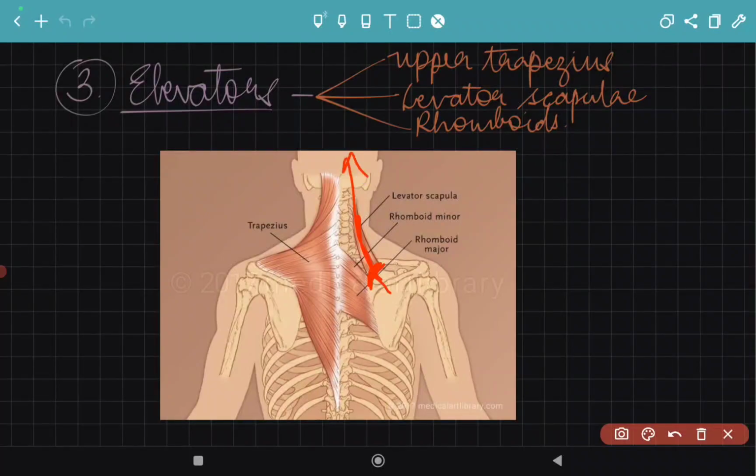Next are the rhomboids, major and minor, which also have attachment, as we have seen earlier, to the medial border and spine of the scapula. This will also help in elevation, as the orientation of the muscle fibers is this way. It will assist in elevation.